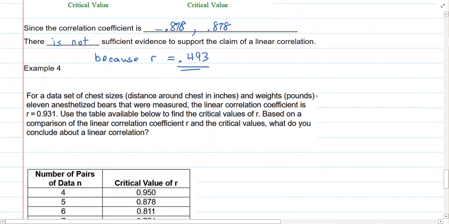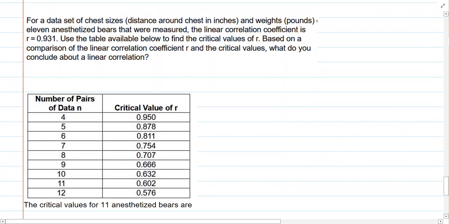All right, let's do another one, nothing difficult. Again, draw your little number line, you'll be okay. Remember, -1, 0, and 1. Here we go.